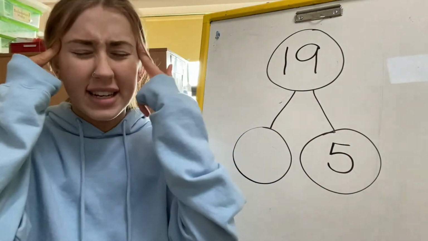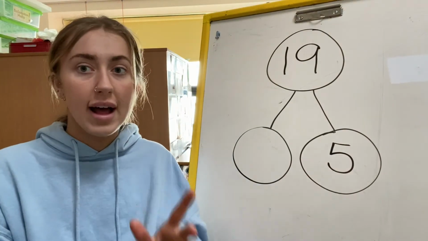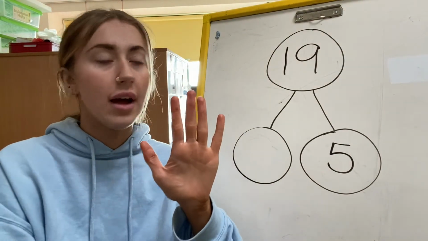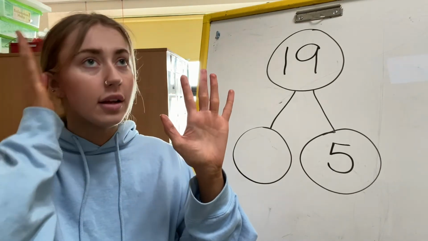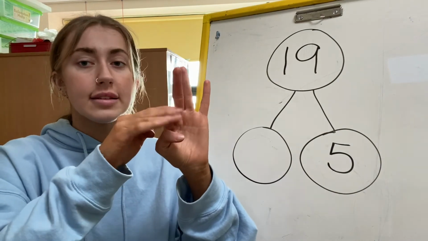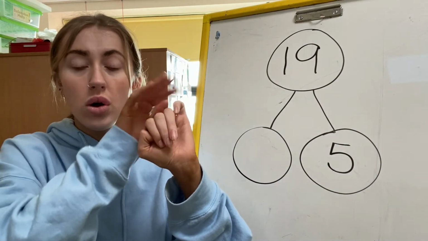So if we have 19 in our heads, 19, and how many are we taking away? 5. So if I have 5 fingers to count down, 19 in my head, 19 in your head, 19, 18, 17, 16, 15, 14.